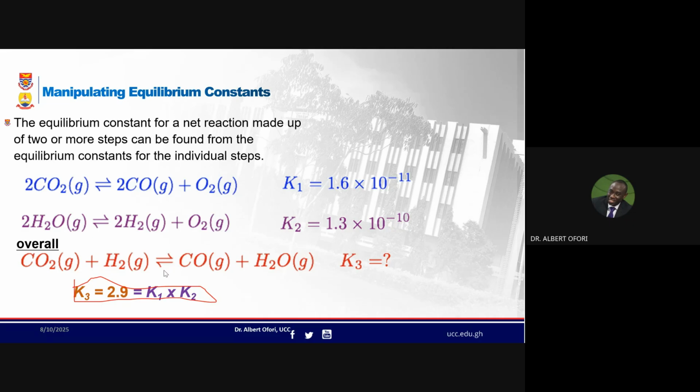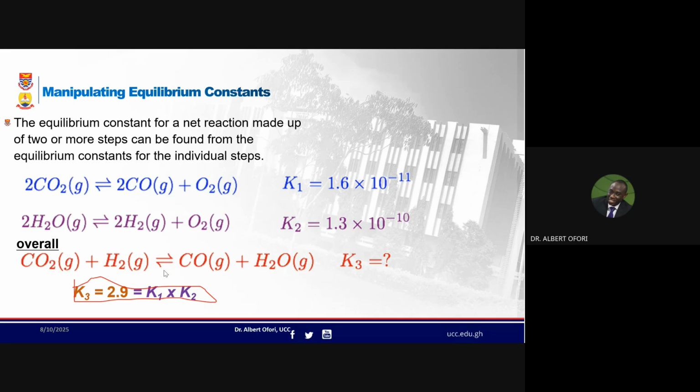We also established that whenever we reverse the equation, the new equilibrium constant is 1 over K original. When we multiply an equation by a factor, the new K becomes the old equilibrium constant raised to the power of that factor.